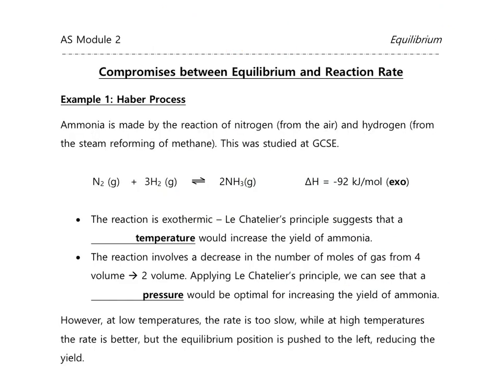So the last section of this topic covers the compromise that has to be made in industry between the equilibrium of a reaction and the rate of a reaction. So the position of the equilibrium of a reaction will essentially affect your yield, but the reaction rate will determine how fast you get it.